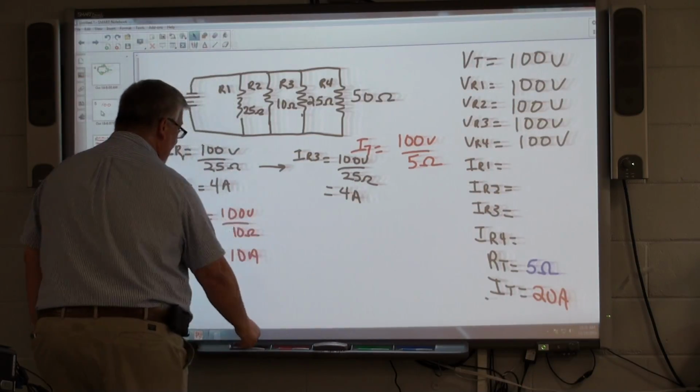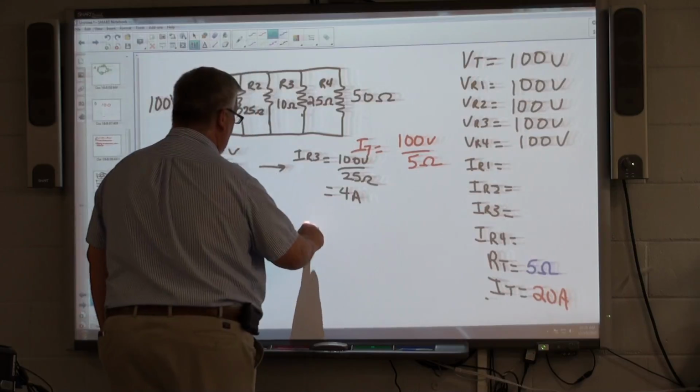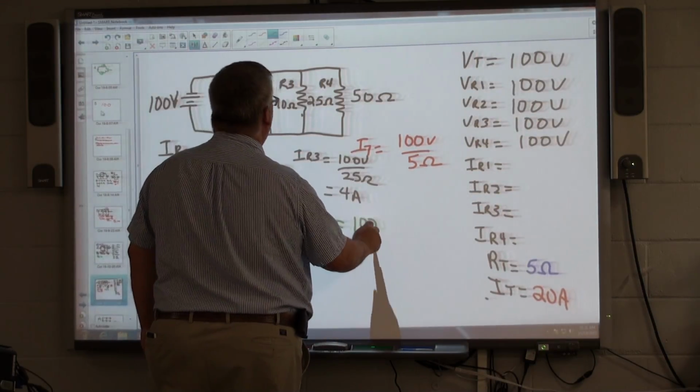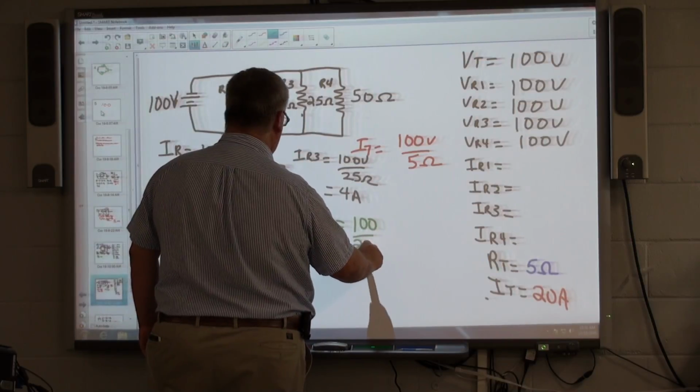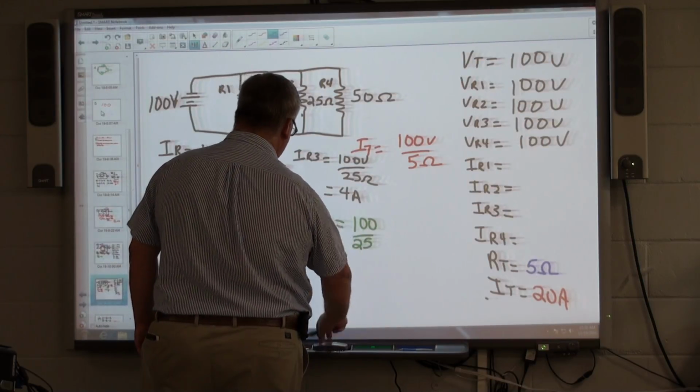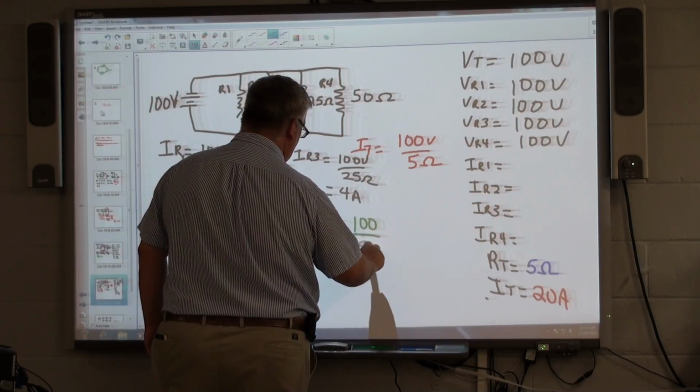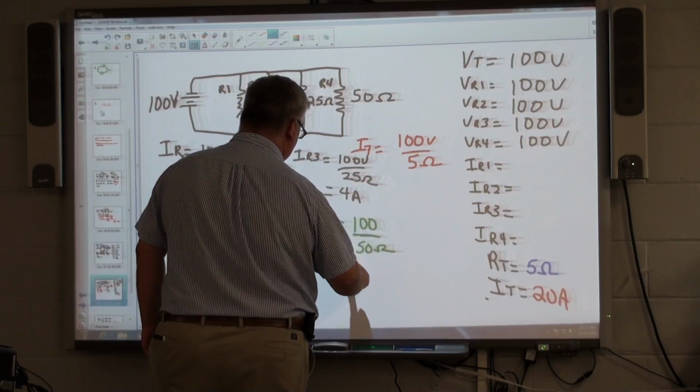Then last but not least, IR4, 100 volts divided by 50 ohms, equals 2 amps, right?